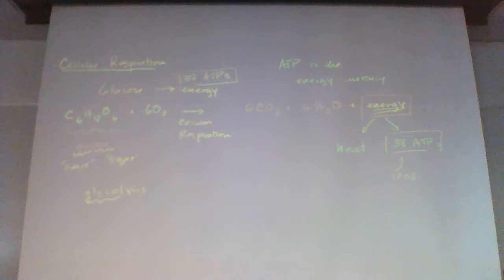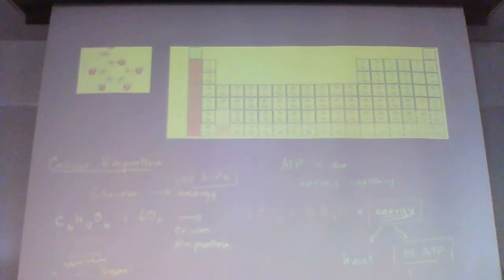The first step of cellular respiration is glycolysis, the breaking up of glucose. It takes a 6-carbon molecule, and it's actually a ring. Let me show you what glucose looks like.